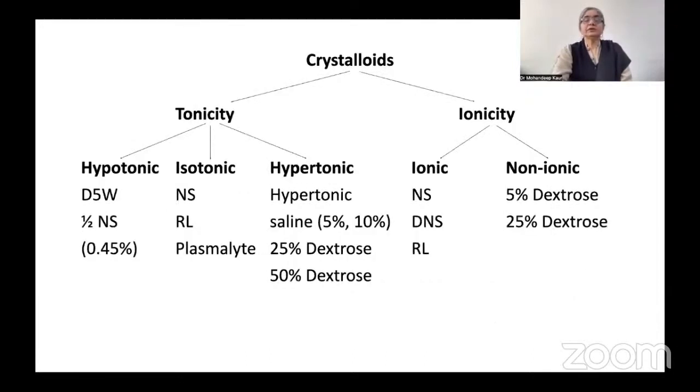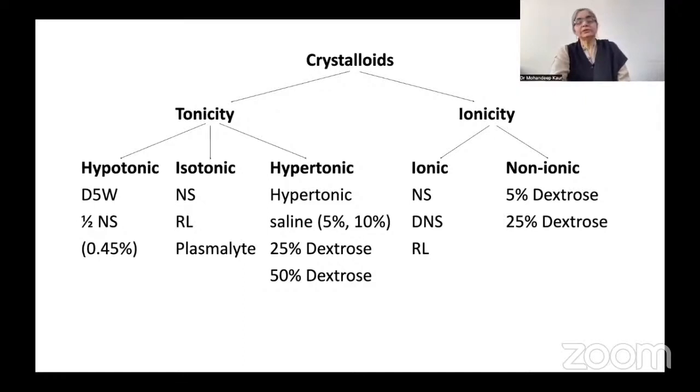Now, dividing crystalloids further, we can divide these as per tonicity into hypotonic, isotonic or hypertonic. And it is pertinent to know these because dextrose 5%, which we are usually using in the OTs, it is hypertonic. Half normal saline is also hypertonic.